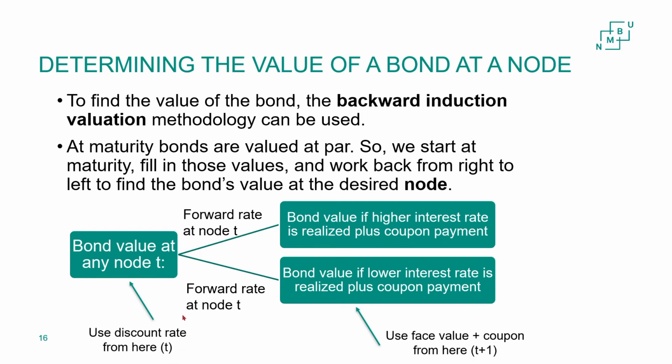And what we usually surmise is that an up move is equally probable as a down move. So these 2 moves have a probability of half. And then you can just take the probability weighted value of the 2 states, the up move and the down move, and find the bond value at time t.